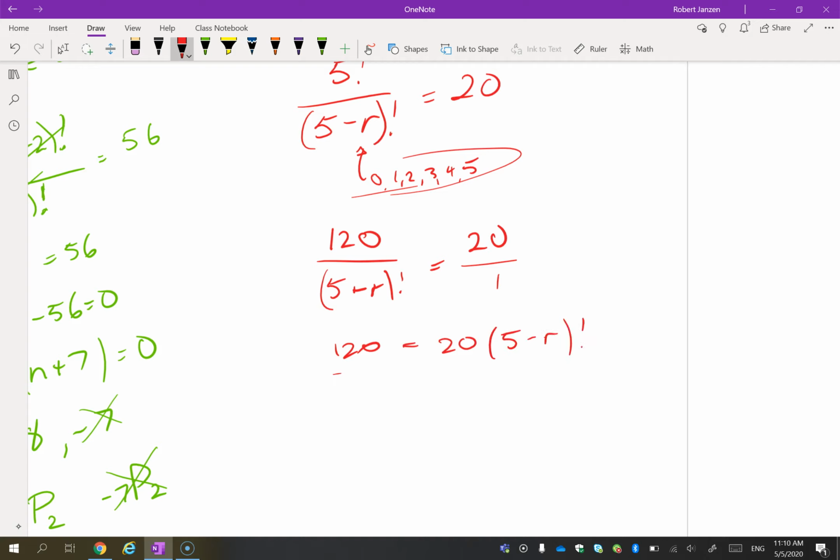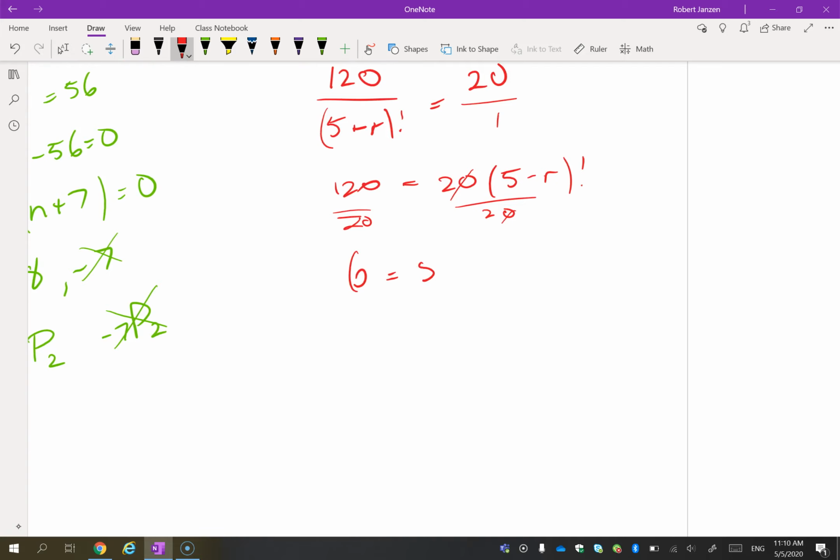If I divide both sides by 20, I end up with 6 equals 5 minus r factorial. So now, let's do a little bit of guessing and checking. What's going to go in here? There's very limited choices. If I put a 0 in, 5 minus 0 is 5. What's 5 factorial? That's 120.